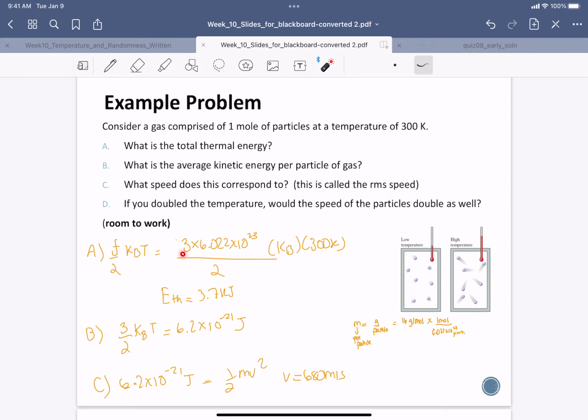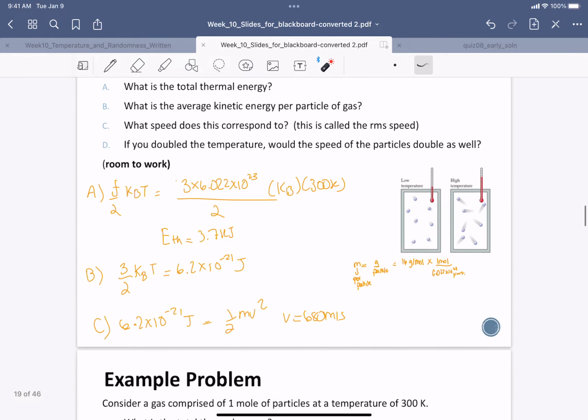So I know there's 3 degrees of freedom per molecule. I have 1 mole of particles, so times 6.022 times 10 to the 23. That'll give me a total of around 18 times 10 to the 23rd degrees of freedom.